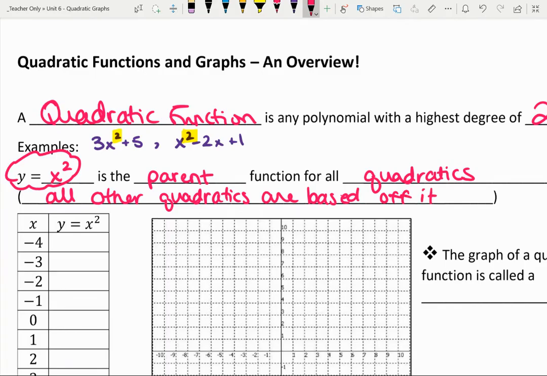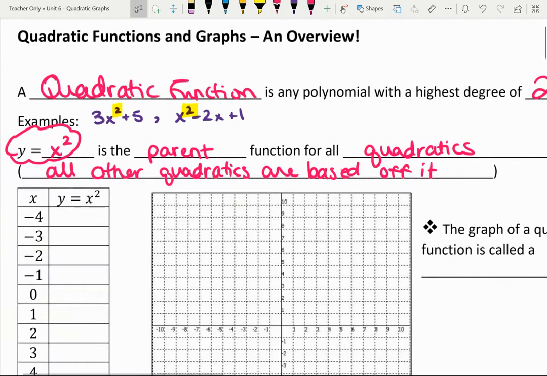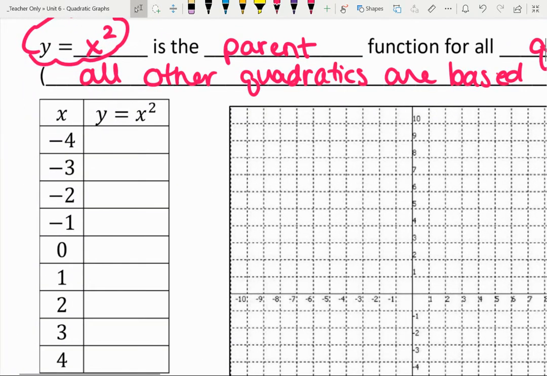So this is like the base model here. Every other quadratic is just some version of this. So y equals x squared is our parent function. And we get that by simply substituting each value in for x and squaring it.